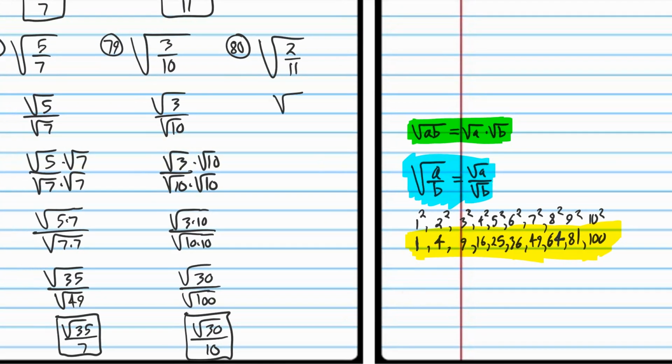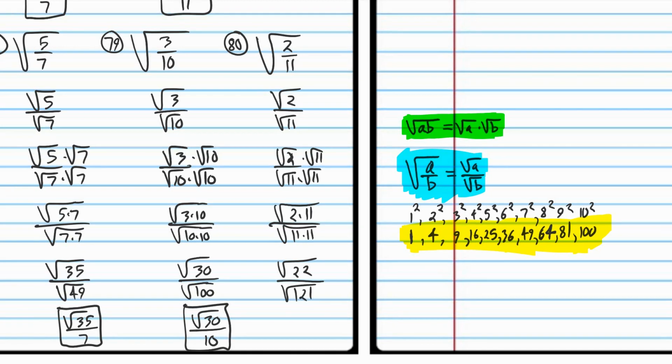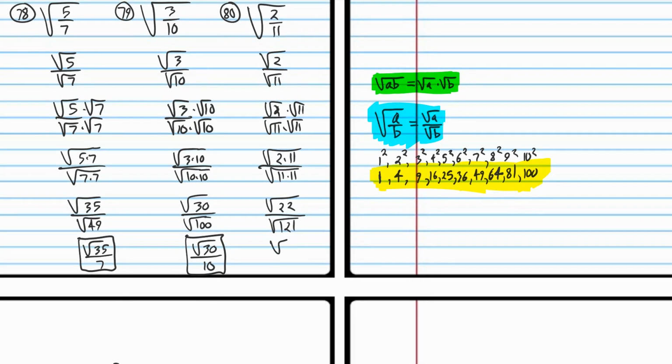All right, we're back. And 121 is a perfect square, so we just end up with 11.